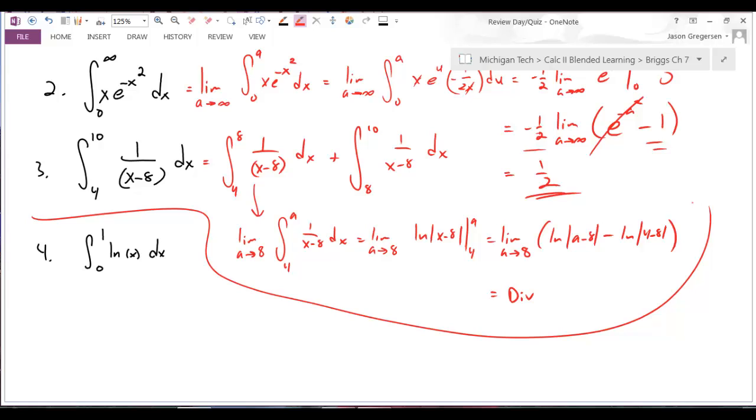Okay, so I'm going to shortcut this next one as well. We've done that integral a couple times by integration by parts, but we have kind of seen the result. So I'm going to look at this as the limit as a goes to 0 of the antiderivative here, x natural log of x minus x. That's what that antiderivative is if we did it by integration by parts, evaluated from a to 1.